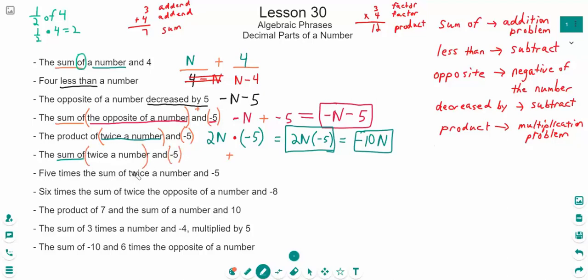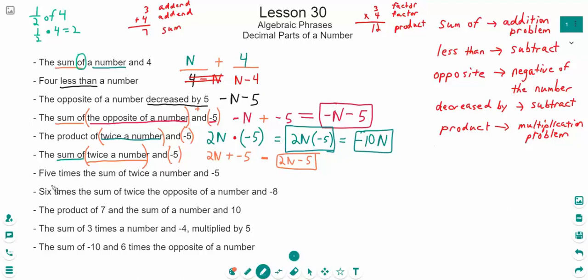Those are my two add-ins. So my first add-in is twice a number, which we just talked about. Twice a number is a 2n, and a negative 5. So we're adding a negative 5. Now, in this case, we could simplify that out to be 2n minus 5, right? The plus minus, the minus wins, 2n minus 5.